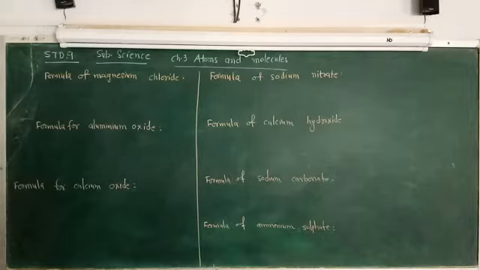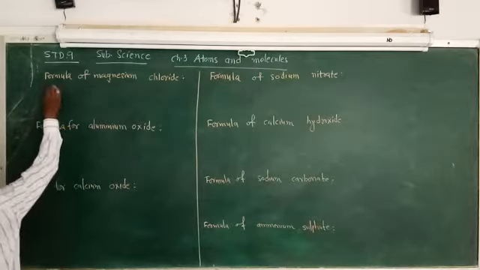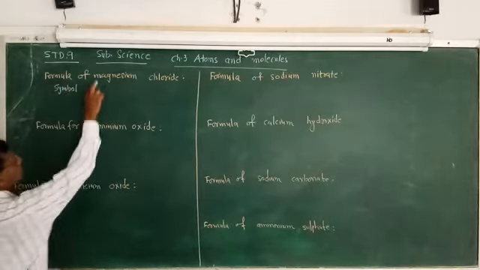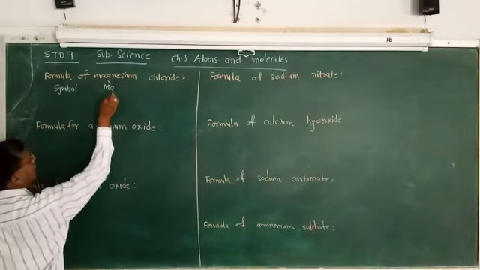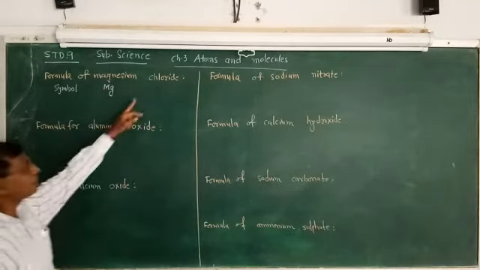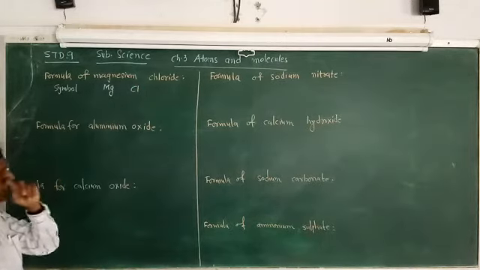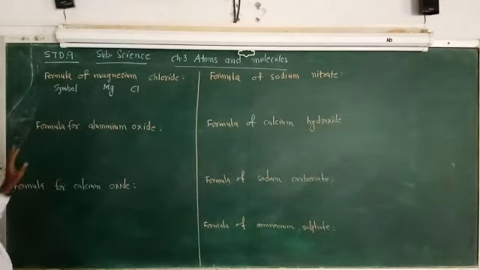Okay, then continue. That is the formula of magnesium chloride. First you write down the symbol. Symbol of magnesium is Mg and symbol of chlorine is Cl. Now write the charge.